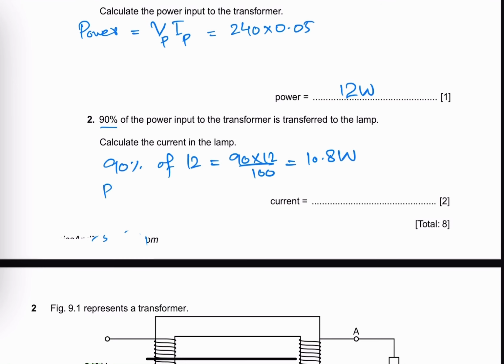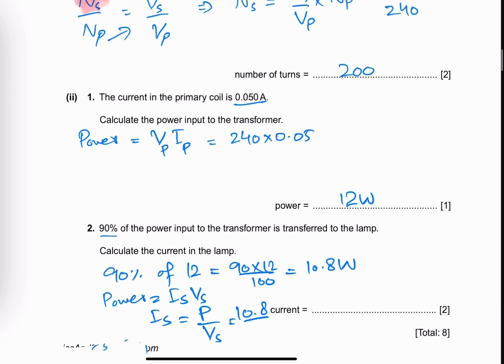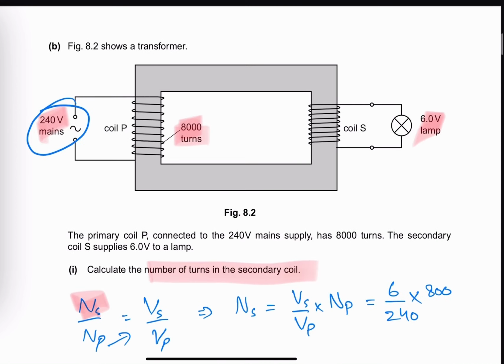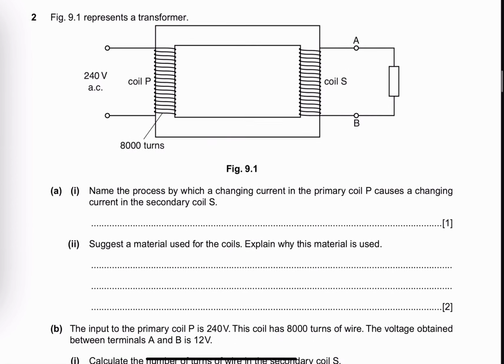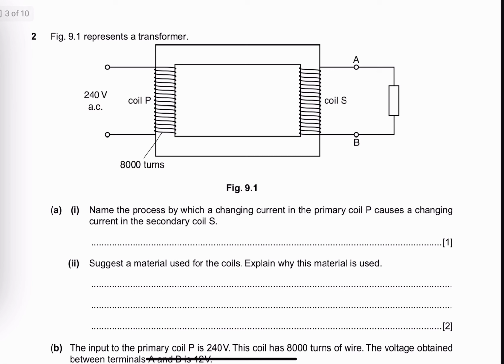So power in the output is Is times Vs. You have to find Is, which is P divided by Vs. 10.8 divided by the secondary voltage, which was 6, so that will give you 1.8 ampere.